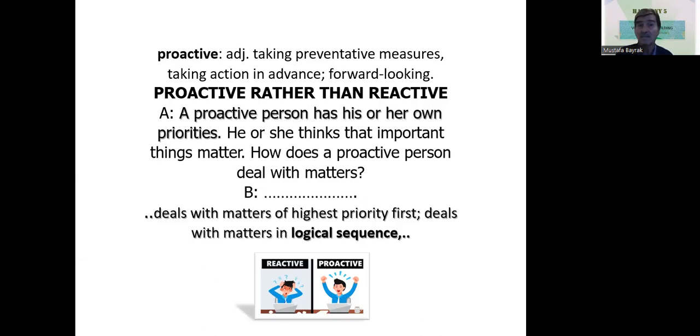Yes. How does a proactive person deal with matters? A proactive person deals with matters of high priority first, and he or she deals with matters in logical sequence.